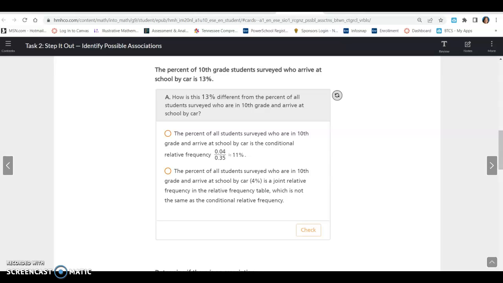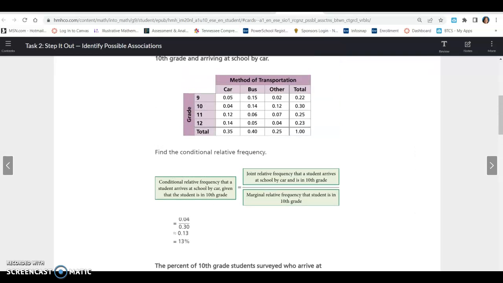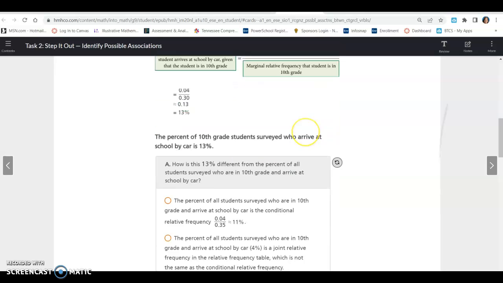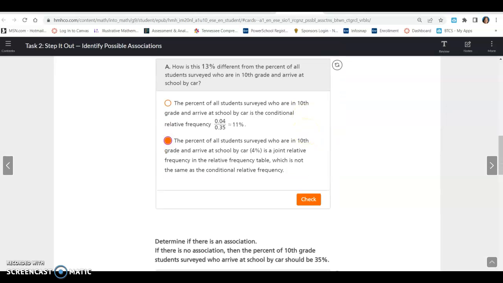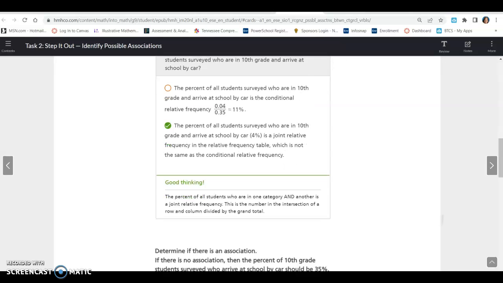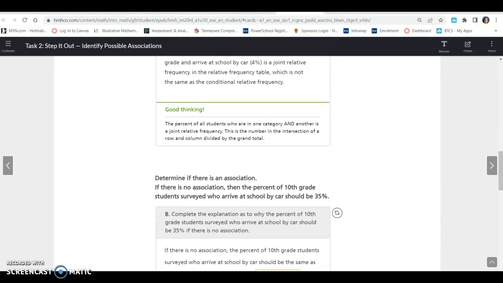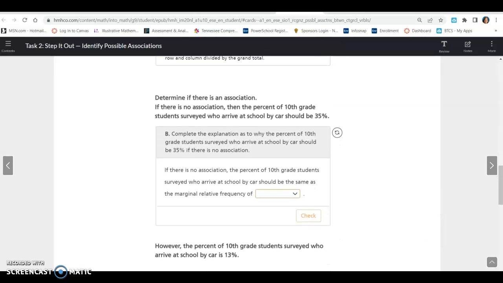This is a joint relative frequency in the relative frequency table, which is not the same as a conditional relative frequency. If we look up here, remember, these middle numbers are your joint frequencies, and the totals here are your marginal frequencies.